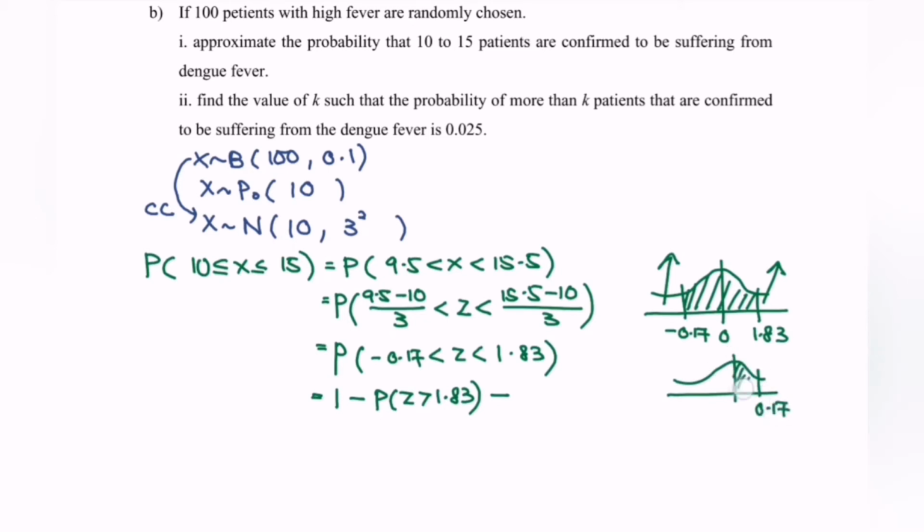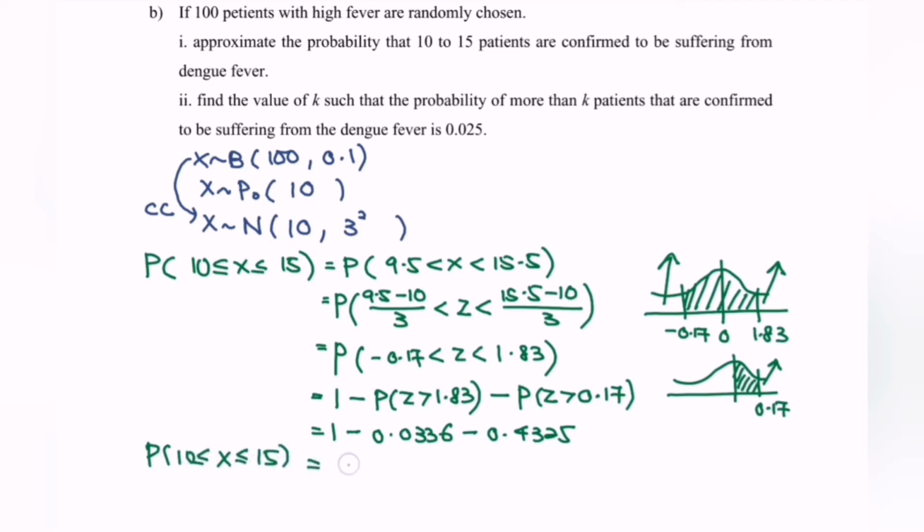So here will be the shaded region. What we have to do is to eliminate this part where we have probability that Z greater than 0.17. Kindly refer to the table: 1 minus 0.0336 minus 0.4325. So the probability that x is greater than or equal to 10 and less than or equal to 15 will be equal to 0.5339.